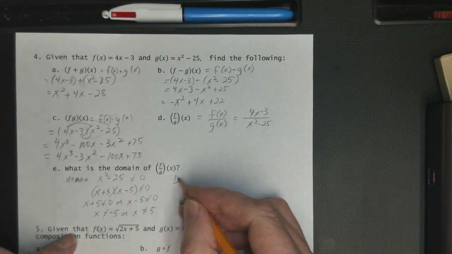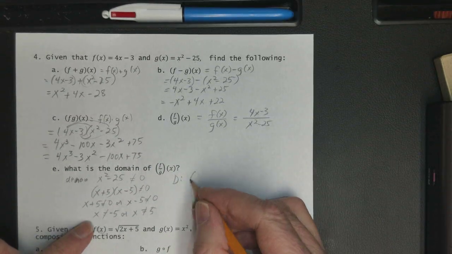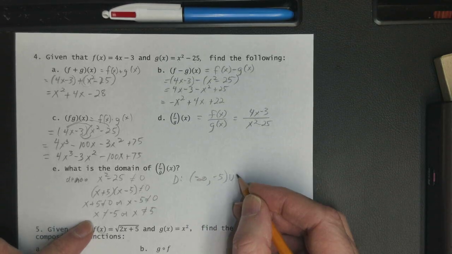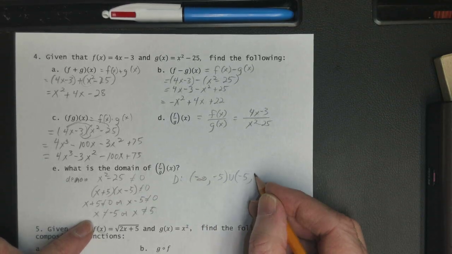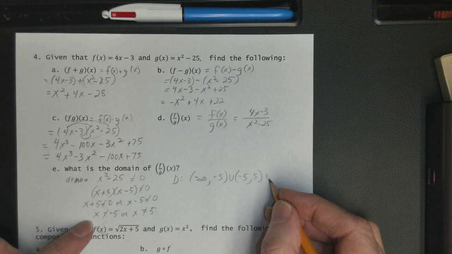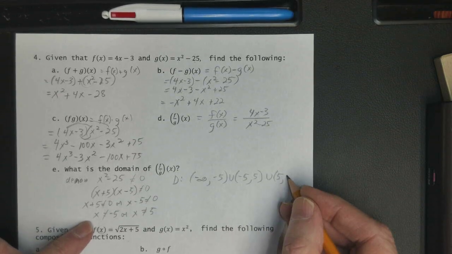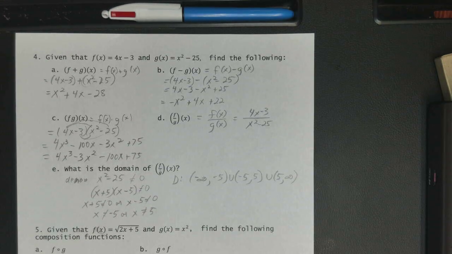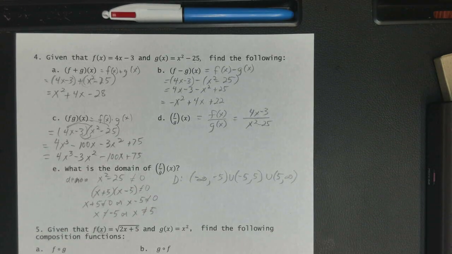So, domain here. I'm going to go negative infinity to negative 5, negative 5 to 5, and 5 to infinity. This is the interval notation way of excluding negative 5 and 5 from the domain.